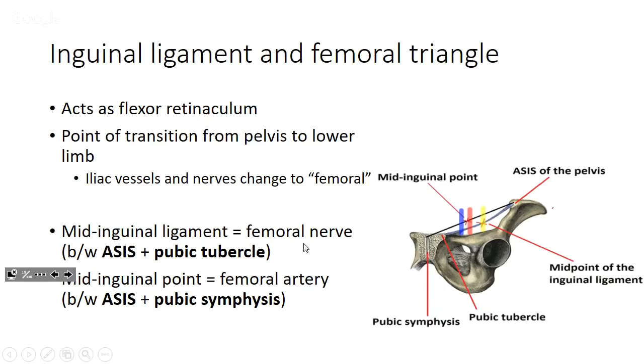So mid-inguinal ligament, as you can see here, is where you find the femoral nerve. So the inguinal ligament goes from the ASIS to the pubic tubercle, whereas the mid-inguinal point is between the ASIS and the pubic symphysis. So that's the landmark for the femoral artery.